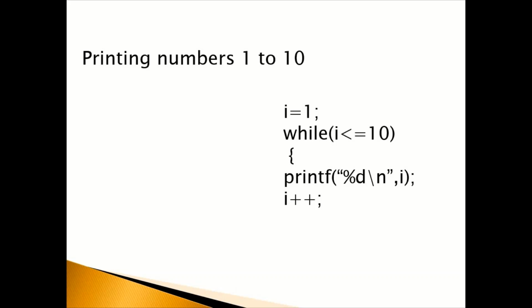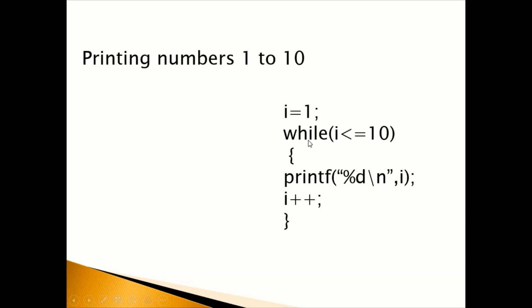At present, the value of I is 1. After execution of I++, I becomes 2. And then the condition is checked. 2 is less than 10. So again it enters the loop and prints the value of I, that is 2. I is incremented, it becomes 3.